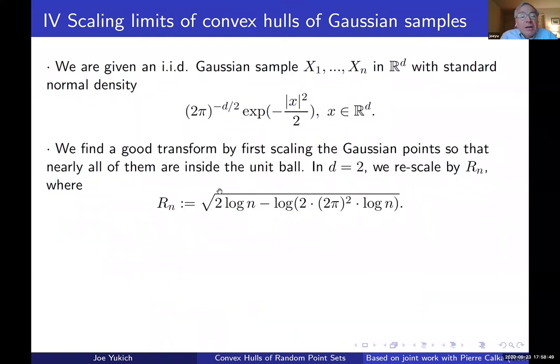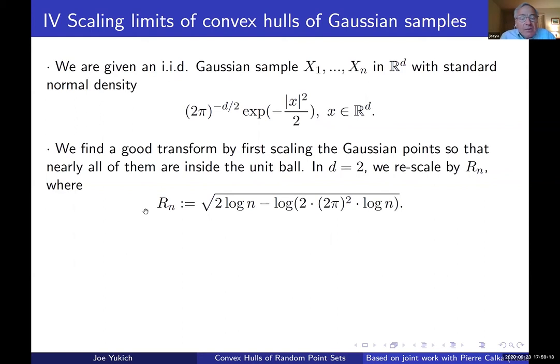So given an IID Gaussian sample with this density, we can find our transform as follows. We take all the Gaussian points and we rescale them so that nearly all of them are inside the unit ball. And the proper rescaling is to rescale by this scalar Rn, which depends upon n.